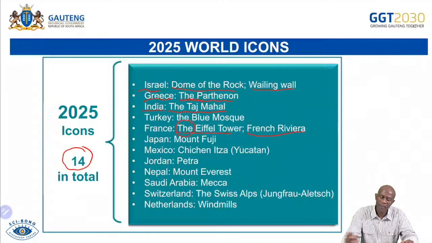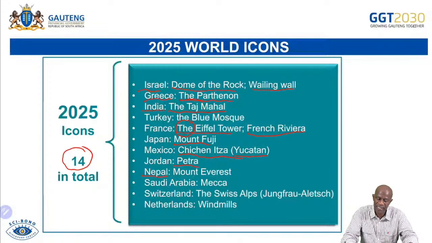In Japan, you have Mount Fuji. In Mexico, you have the Chichen Itza or the Yucatan. This is the name of the icon, and it is found in Mexico. The next one is Petra, found in Jordan, followed by Mount Everest, which is in Nepal.